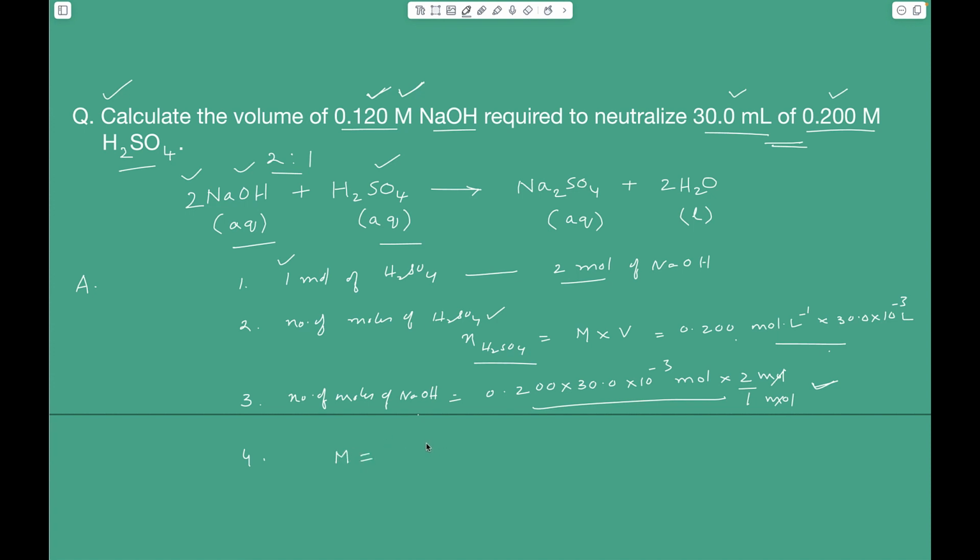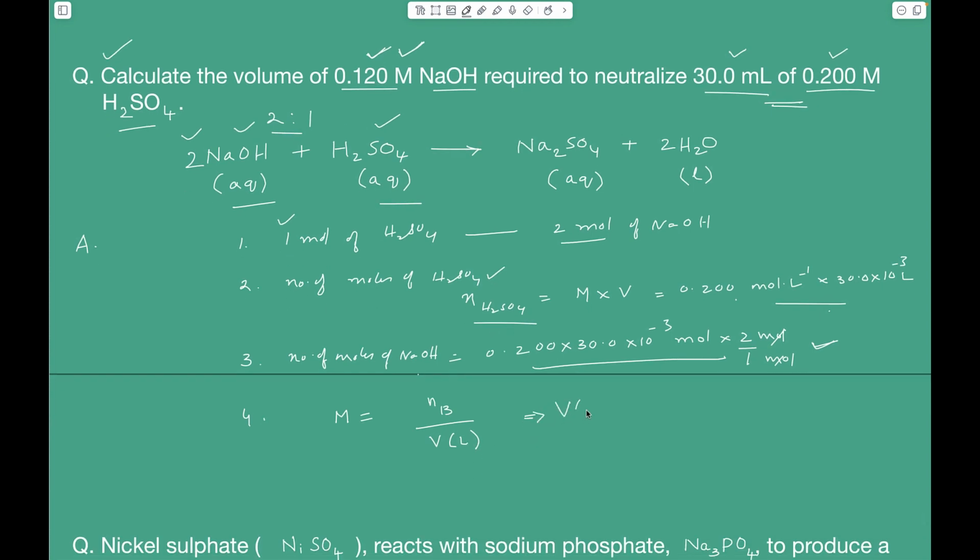Molarity is the ratio between amount of substance of solute and the volume of the solution in liters. Now, to get the volume of the solution in liters, you have to divide amount of substance with its molarity. You know the number of moles of sodium hydroxide. It is 0.200 times 30 times 10 to the power of minus 3 mole over the molarity, which is 0.120 mole per liter.